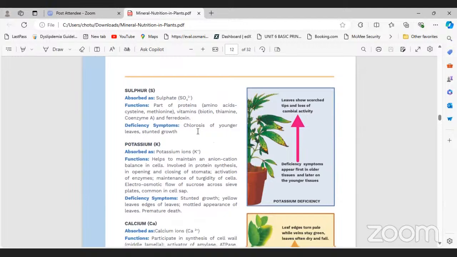What are the deficiency symptoms of sulfur? Sulfur is relatively immobile and therefore deficiency symptoms appear first in young leaves. Sulfur starvation results in storage of protein.